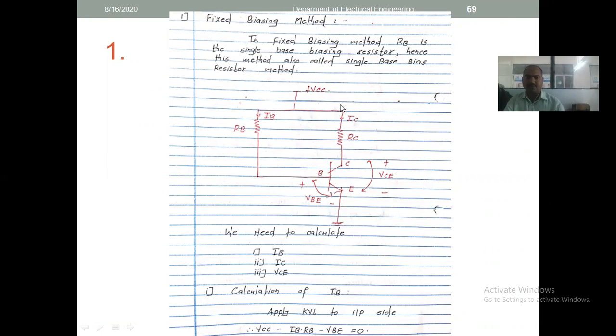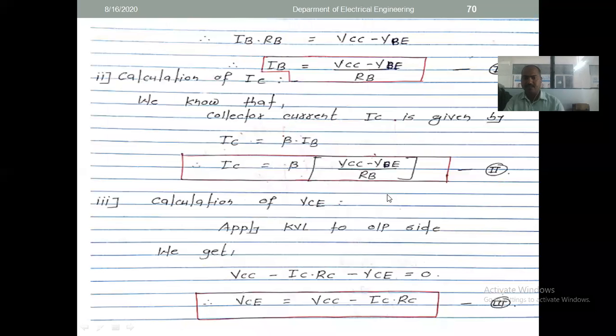These three terms come when we apply KVL at the output side. This is the equation we use to calculate the VC, right?